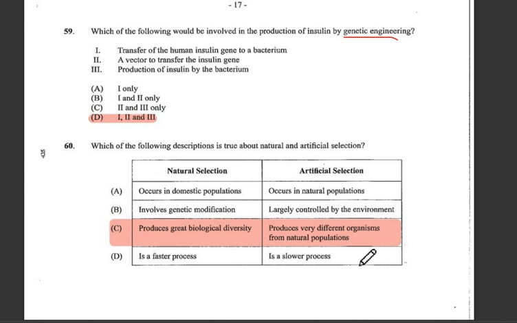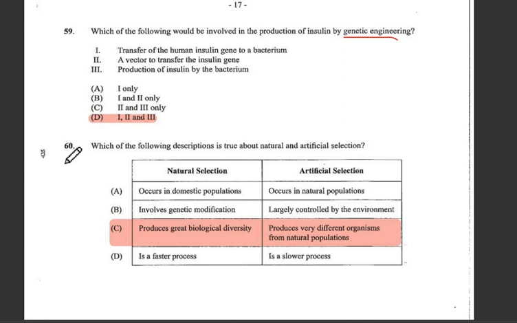Alright, number 60. Which of the following descriptions is true about natural and artificial selection? So natural selection produces biological diversity, and where we have biological diversity, it should eventually show real selection.